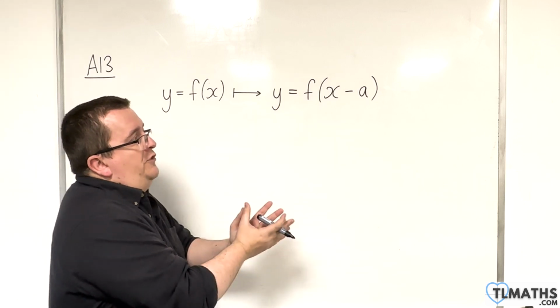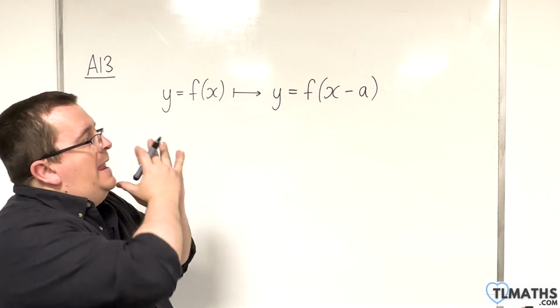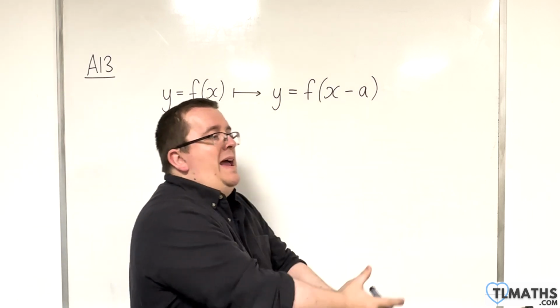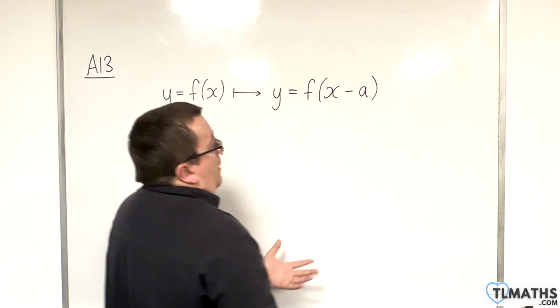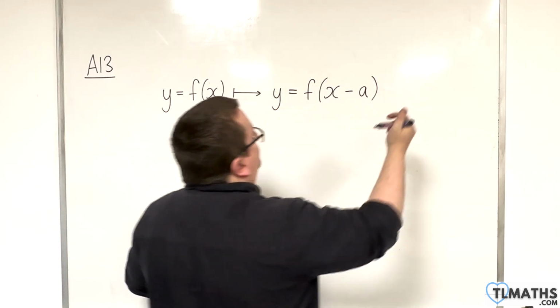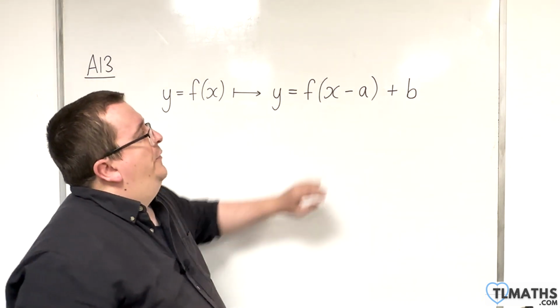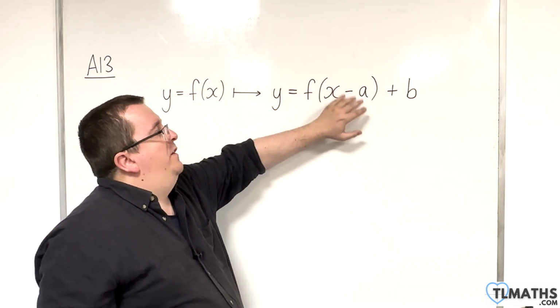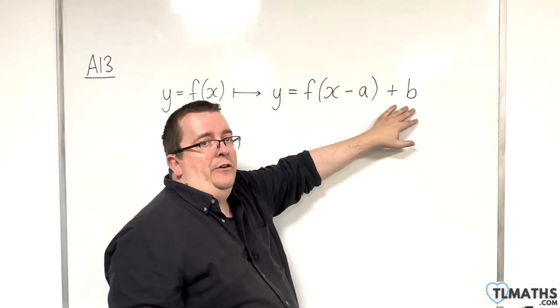So we'll have subtract a inside, so we're adding or subtracting something inside the bracket. And then we will be adding or subtracting something outside of the bracket. Now, they're not both necessarily going to be there, but we're going to write that as plus b. So it looks like at the moment that I am subtracting something from the inside and I'm adding something on the outside.